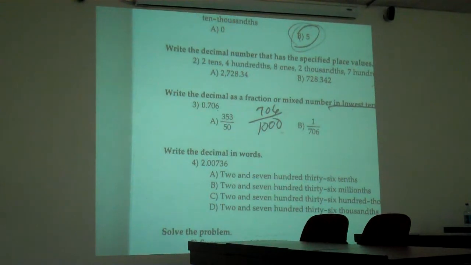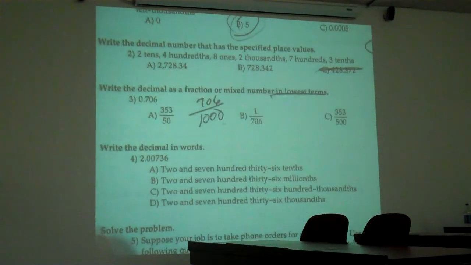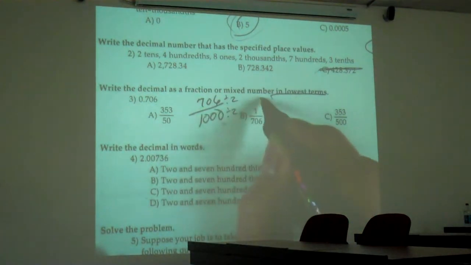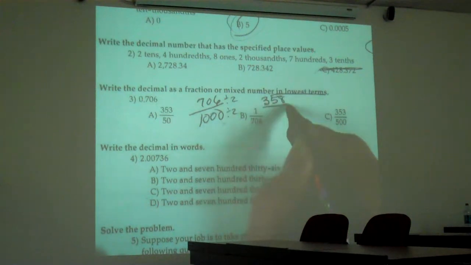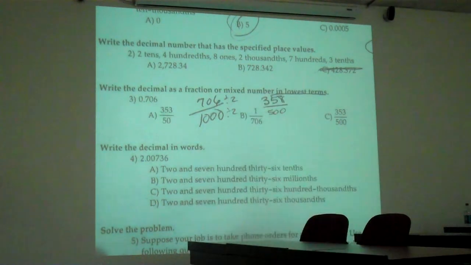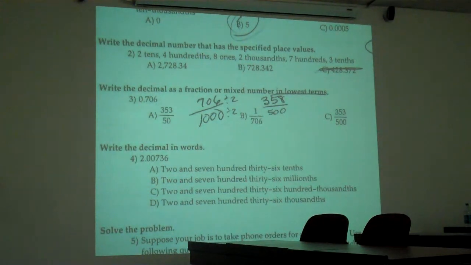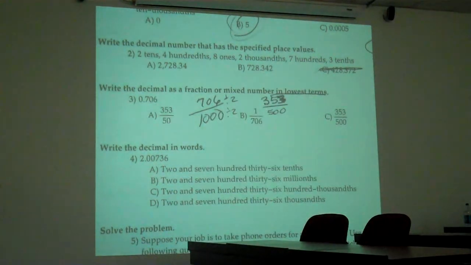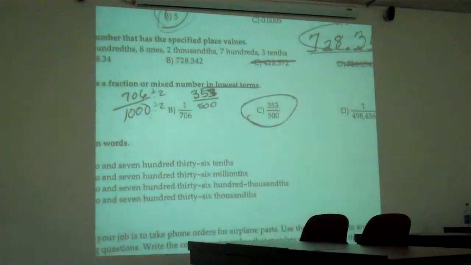So divide by 2 because it's even. If you divide by 2, you get 358 over 500. That'll divide by 2 again, right? Oh, that's not 358, it's 353, sorry. 353 over 500. Will that reduce? No. Okay, so that's that one right there.